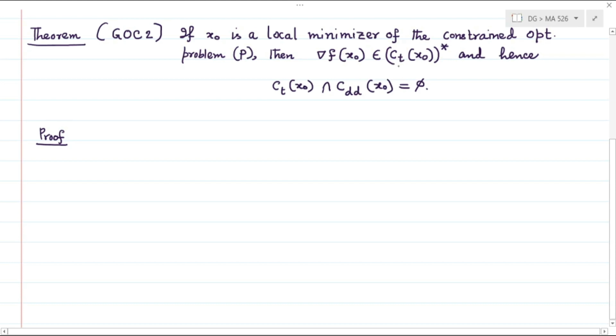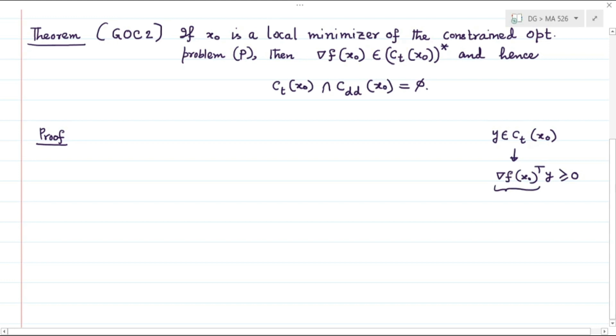So let me first consider an element y in the tangent cone, and if I can show that grad f transpose y is greater than or equal to 0, then obviously this vector grad f(x0) must belong to the dual cone of the tangent cone.